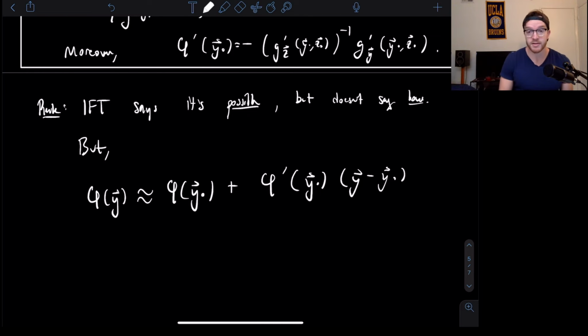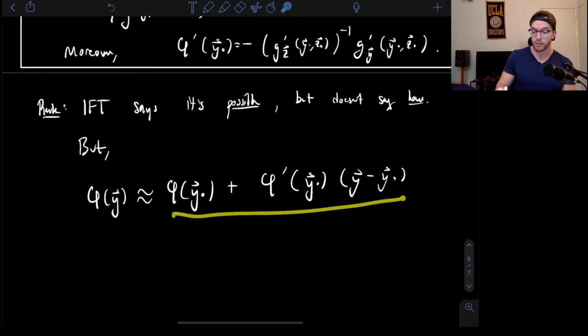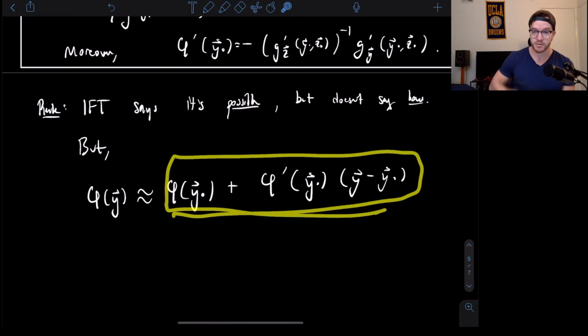So this is the case for any differentiable function. You can get a good order 1 approximation of that function as follows.